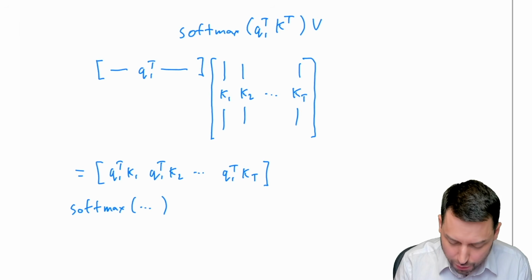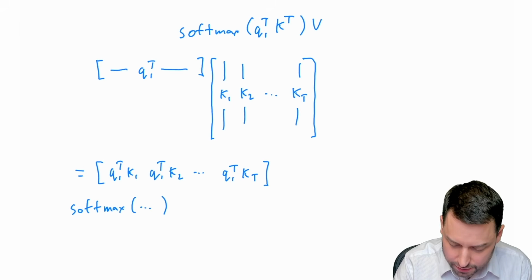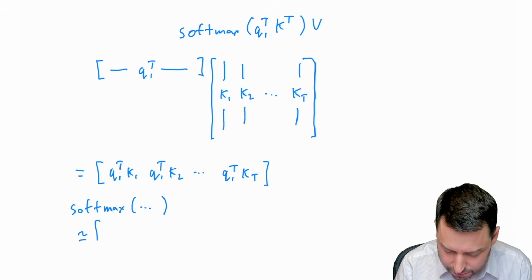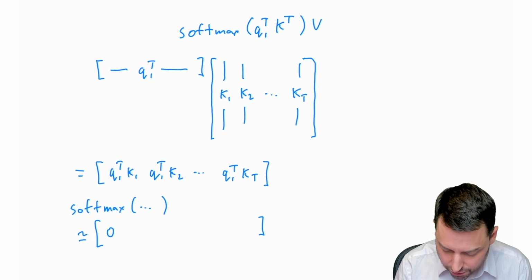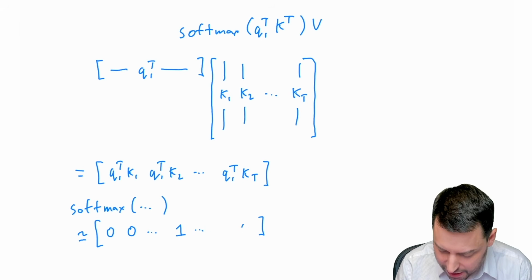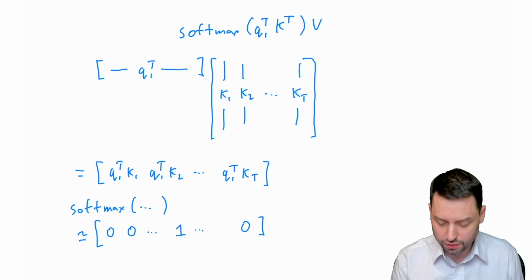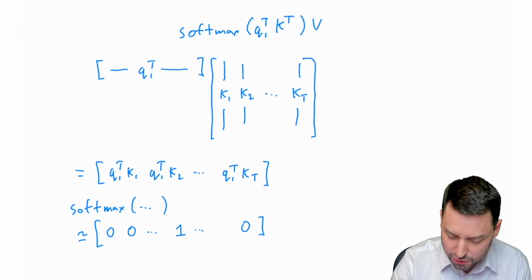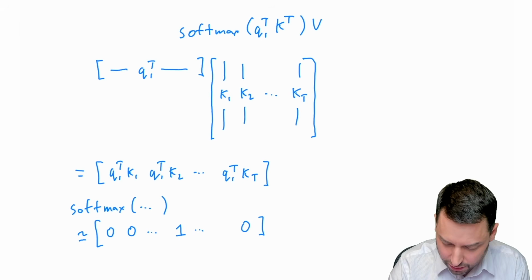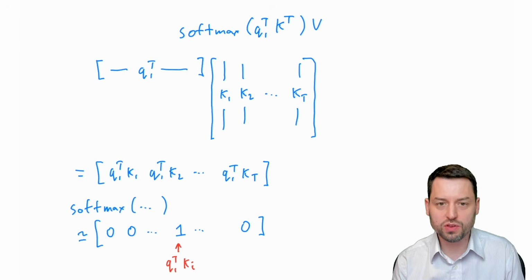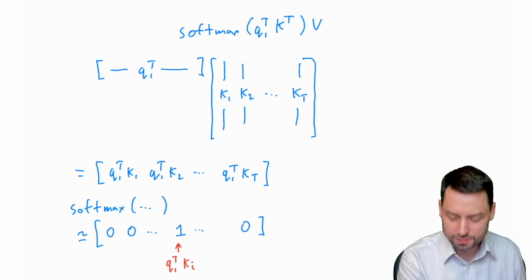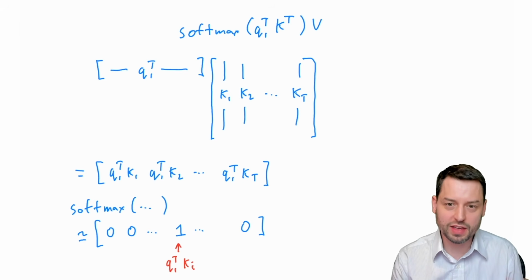Then this approximately equals a row vector where most entries are 0, but the entry corresponding to the most similar Ki, from Q1 transpose Ki, would be a 1, and everything else would be close to 0.